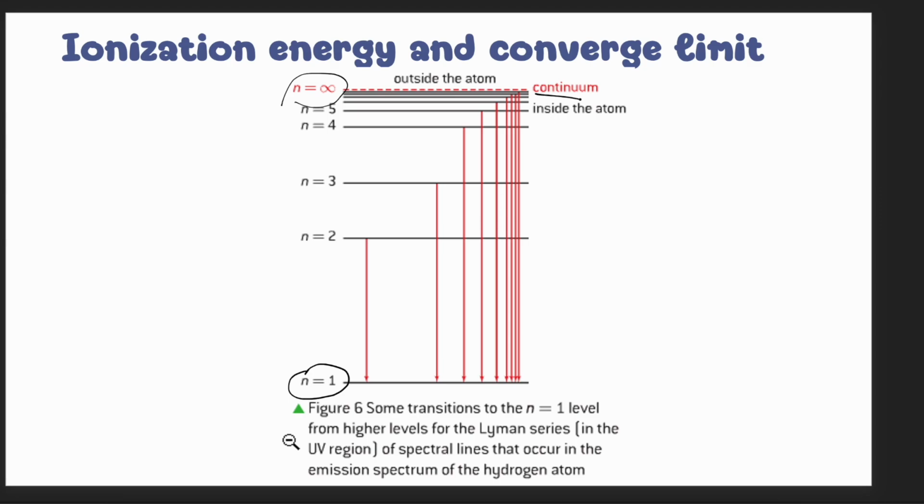Beyond this point, the electron can have any energy and so must be free from the influence of the nucleus. Okay, so outside of the atom, it means the electron has been removed, so the atom has been ionized, right? So this represents an energy change from n equals 1 to n equals infinity. So knowing the frequency of the light emitted at the convergence limit, it enables us to work out the ionization energy of an atom.